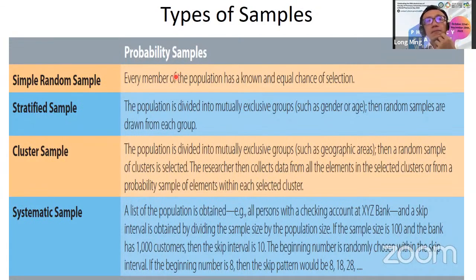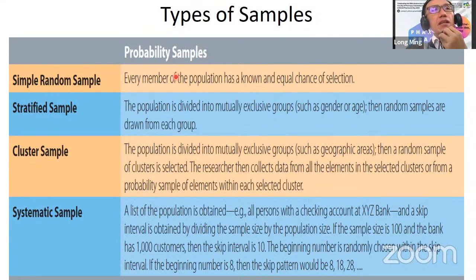Let's say you have a class of 100 people, so you have a list of 100 student names. Now you use a random number table, or you can generate through Excel. It will give you random numbers, for example, the first one is 2, then 57, then 81. So out of these 100 people, they have an equal chance of being selected as a sample.